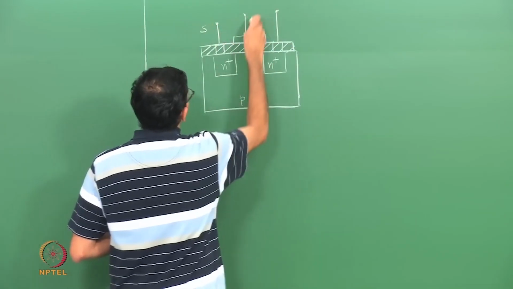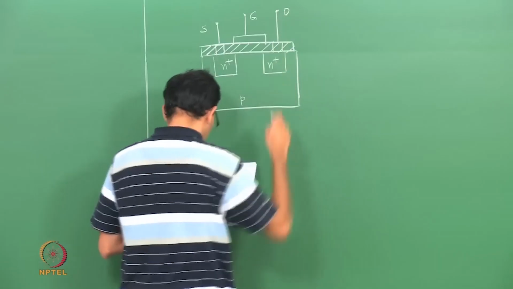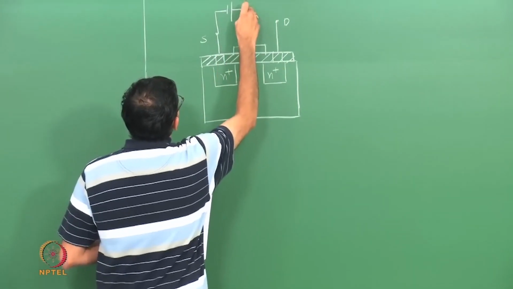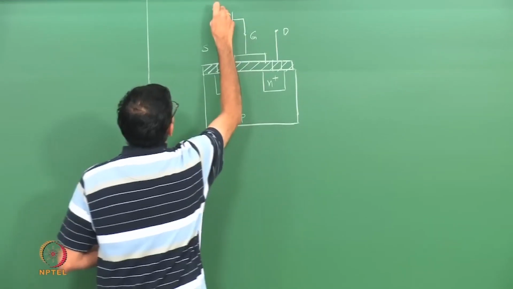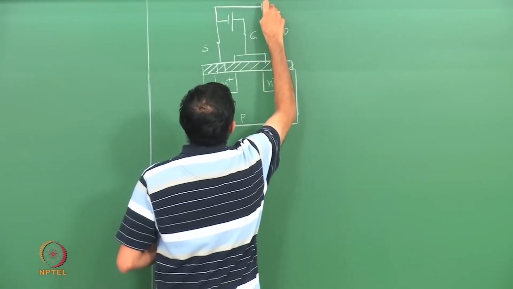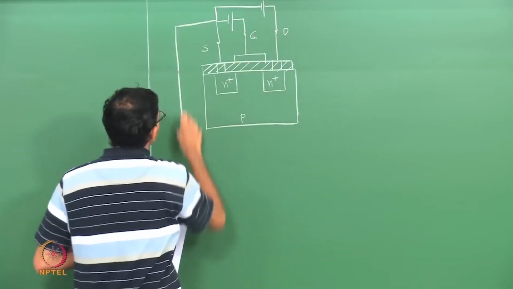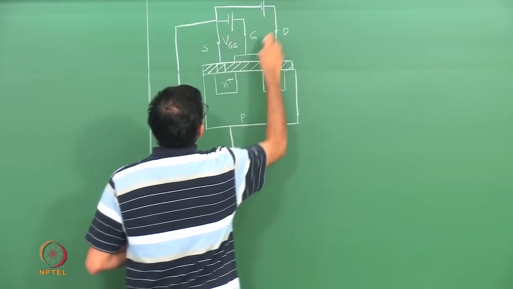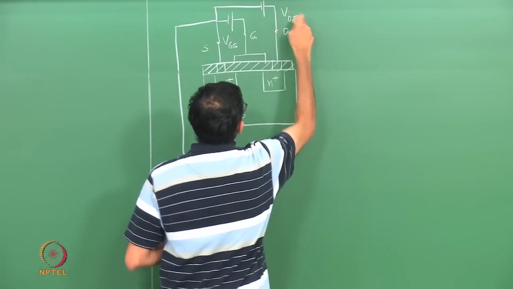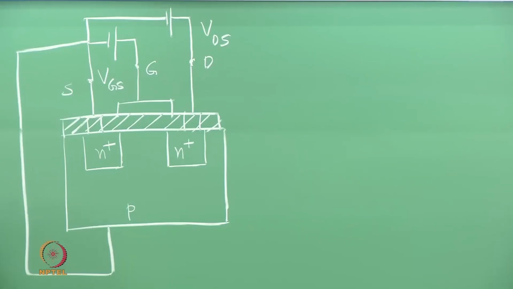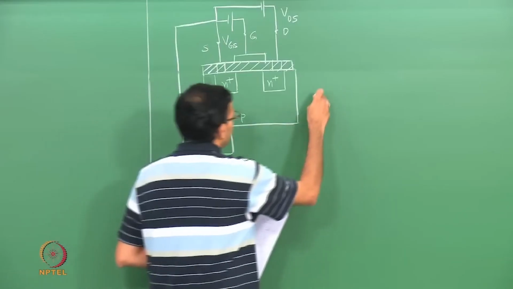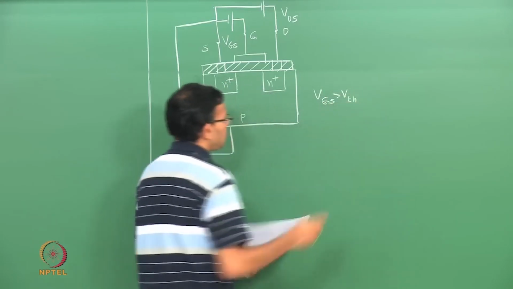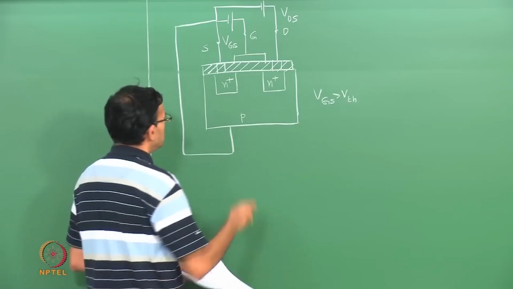So, I have my source, my gate and my drain. This is VGS, this is VDS. Now, I am in a situation where I have the gate source voltage greater than V threshold, so that I have an inversion region.